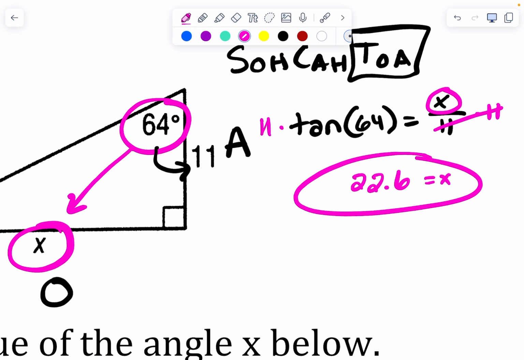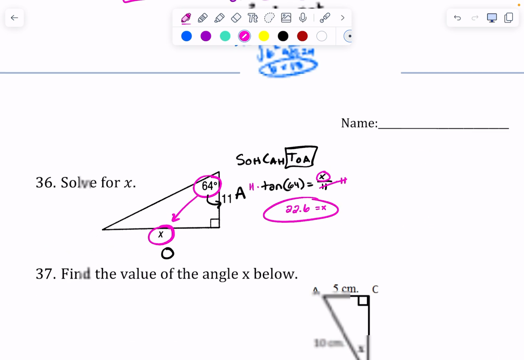Yeah, same here. A negative number. Let me see your calculator. Your calculator's in radians. Go to mode. You're in degrees. Go to 11 tangent 64. Mine doesn't have that. Mine has normal, scientific, and engineering. Okay, good.